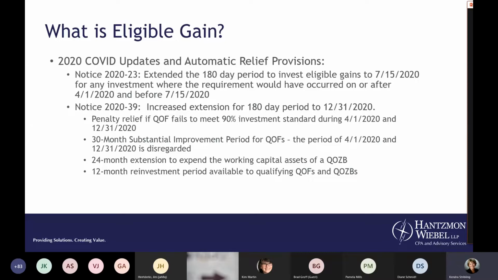Related to the 30-month substantial improvement test period for QOFs, it provided that the period of time between April 1st and December 31st would be disregarded in that calculation. The notice also provided a 24-month extension to expend working capital assets of a qualified opportunity zone business and a 12-month reinvestment period.